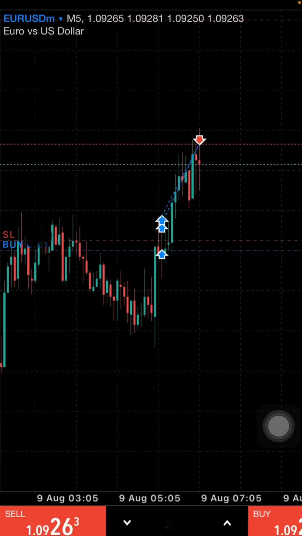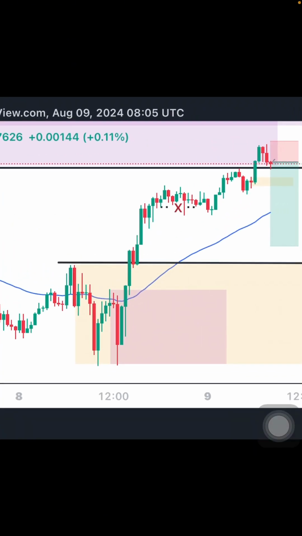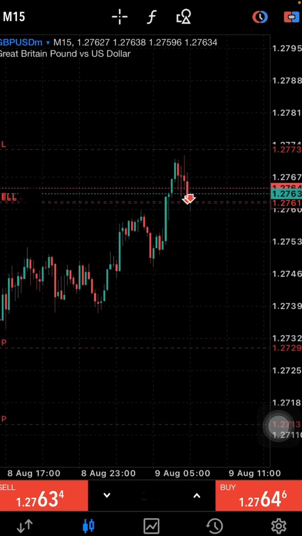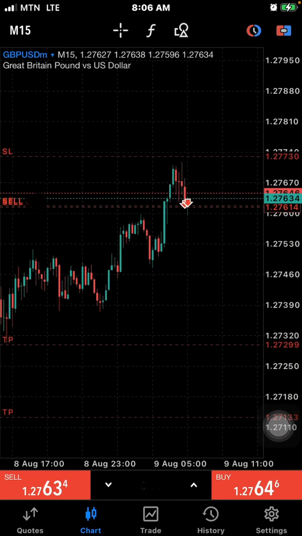And I also caught another trade, a sell on GBPUSD, as you can see right here on TradingView. This is it on MetaTrader 5. The arrows right there are where I entered the market with a stop loss above and had my take profit 1 and take profit 2.